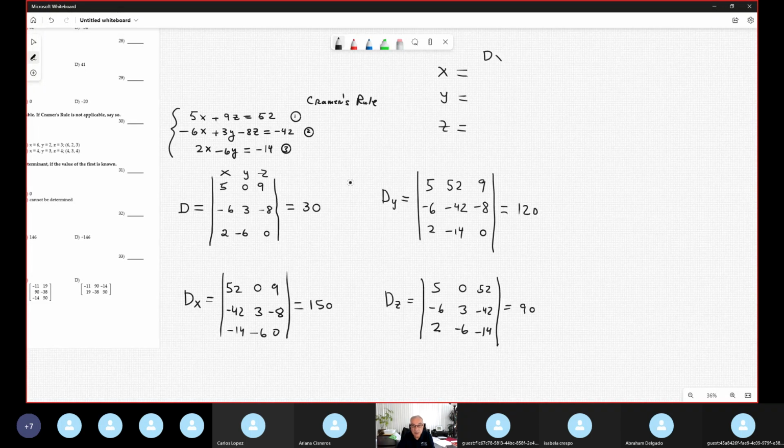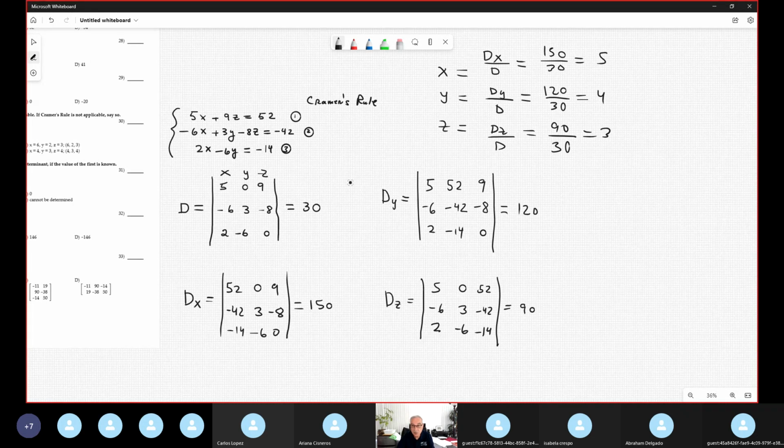You divide Dx divided by D, Dy divided by D, and Dz divided by D. Dx is 150 divided by 30 is 5. Dy is 120 divided by 30 is 4. And Dz is 90 divided by 30 is 3. And the solution for our problem is 5, 4, 3. Unique solution.